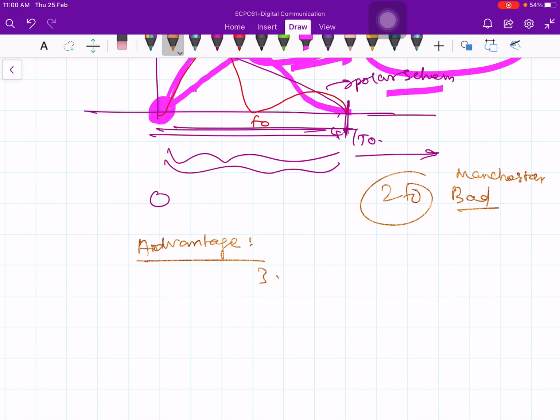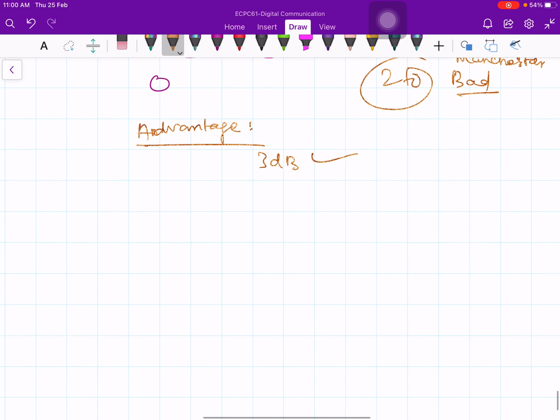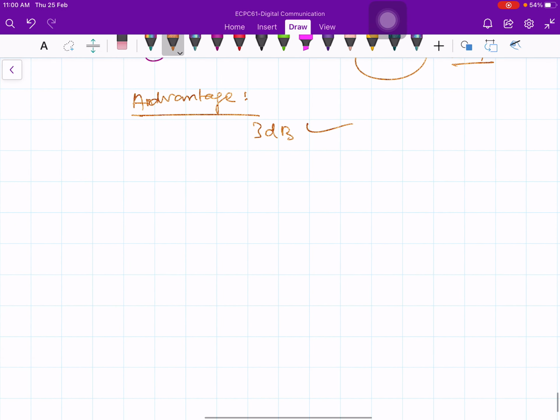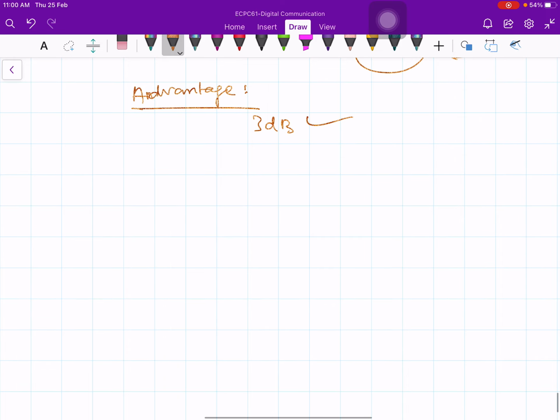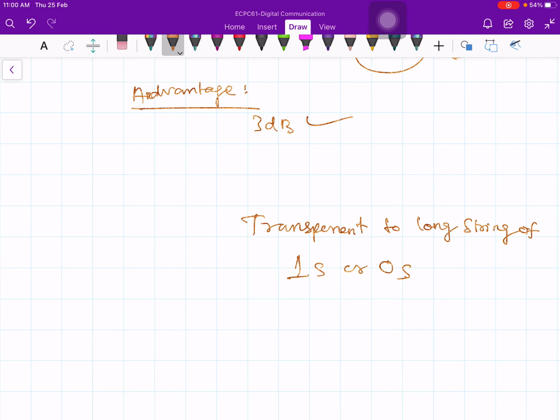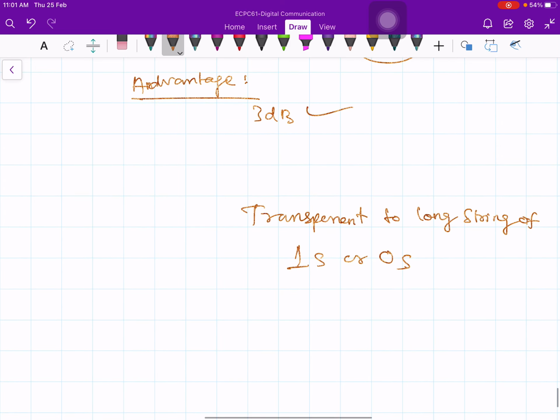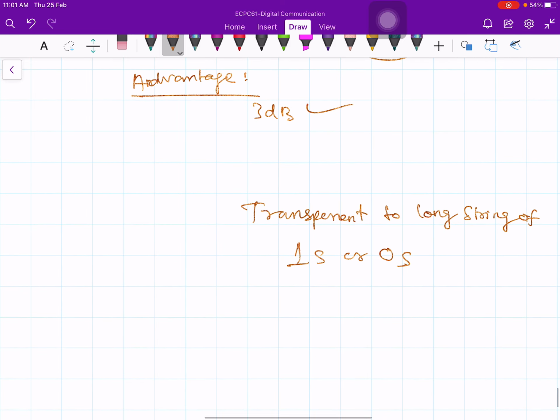And yes, it has 3 dB advantages. That is there, and it has the same properties as far as polar is concerned. But there is one more advantage it has. What is that advantage? It is absolutely transparent to long strings of ones or zeros, a very important property. Whenever you have a long string of ones and zeros, we will have the problem of synchronization.